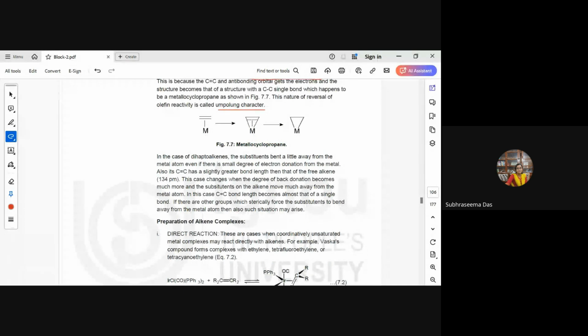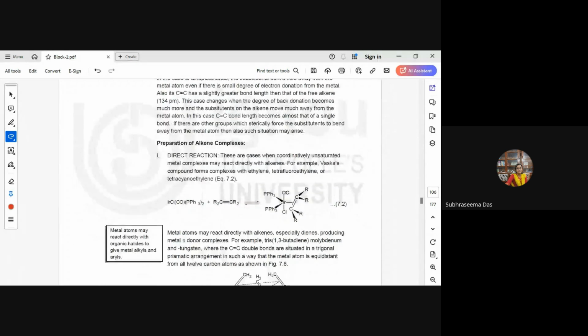Now, particularly in dihaptoalkynes, the substituents bend away a little from the metal atom, even if there is a small degree of back bonding from the metal. Also, the C double bond C has a slightly greater character than that present in the free alkene. As a result, if there are any other groups present that sterically force the substituents, this situation also arises and the electron density moves away.